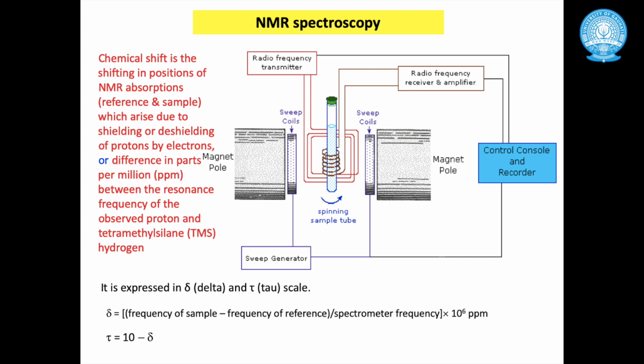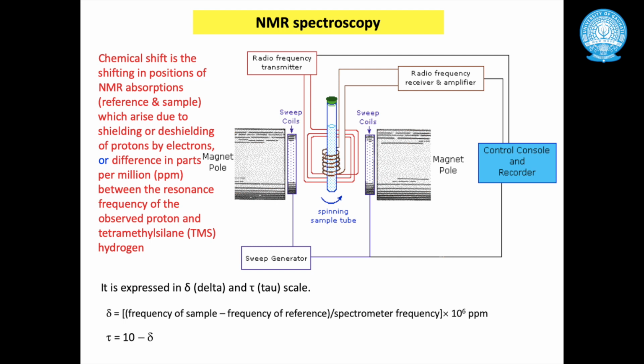If you go back to the previous slide where there is a drawing of the principle or mechanism of how NMR spectroscopy works, you will see that there is a radio frequency transmitter. There are different types of radio frequency transmitters used in NMR instruments available today.